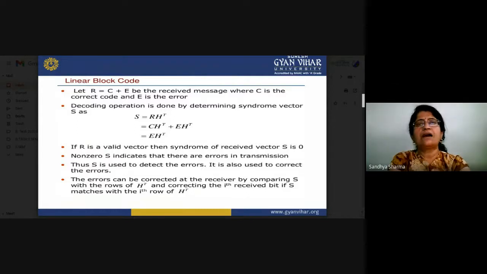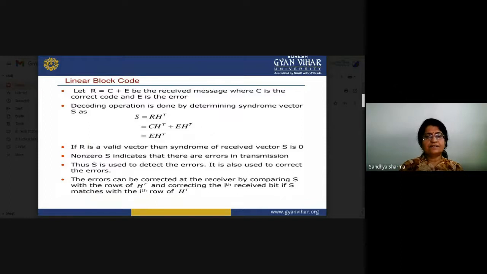So we have to assume that error is always additive. R is equal to C plus E. That is the basic equation for calculating the received word R, code word plus the error vector E, and what type of error is introduced in our block data will be calculated further.